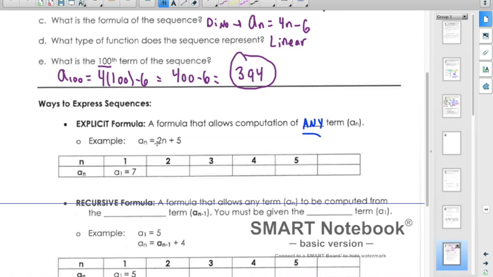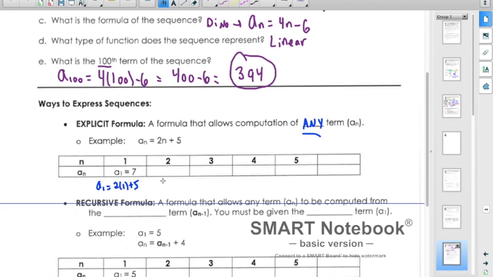It's giving me the explicit way of this sequence: A sub n equals 2n plus 5. If I'm looking for the first term, they plugged in 1 for n in A sub 1. So it's 2 times 1 plus 5. 2 times 1 is 2, and 2 plus 5 is 7.